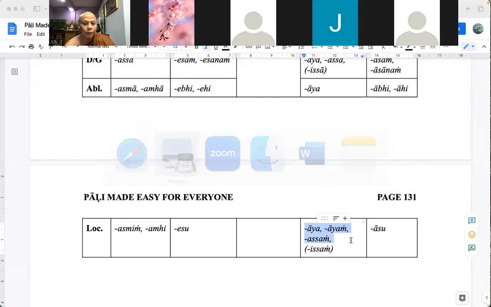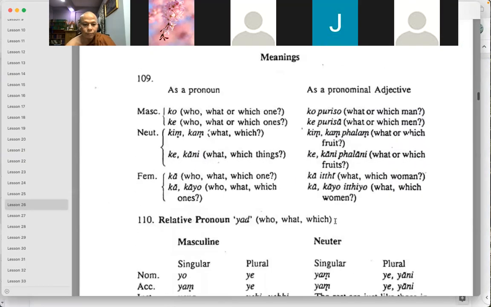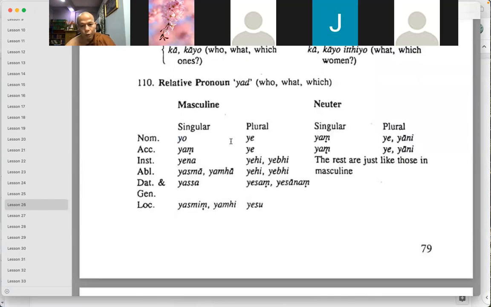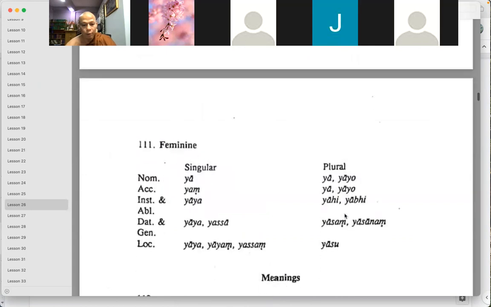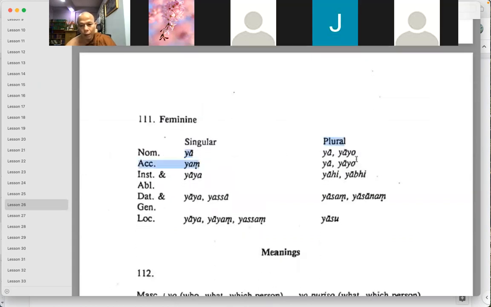So we can see the demonstrative pronoun: yo, ye, yan, yena, yehi, yebhi, yesa. And the neuter yan, ye, yani. But for feminine, you see, ya, yo, yan, yo, ya bi, not yesa, and the yasan. The same way for the locative also, yan, not yesu, and then yasu.